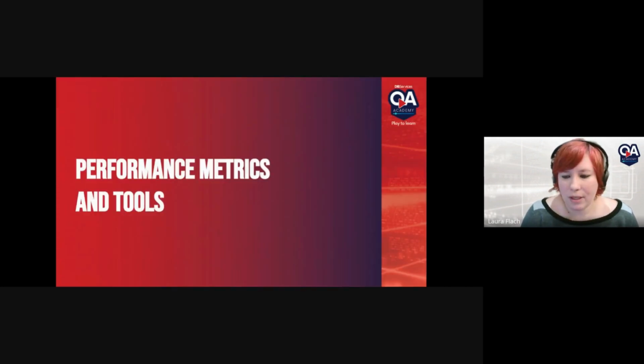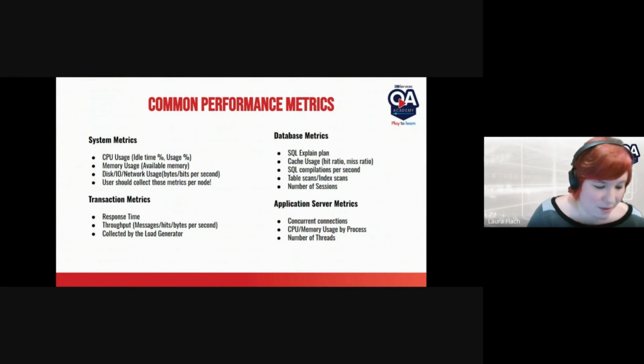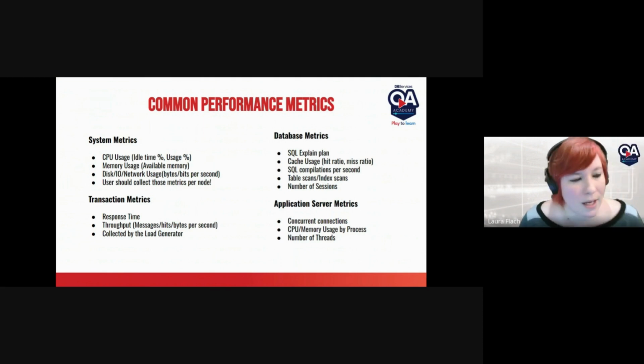So let's talk a bit about performance metrics and tools. We have a lot of different metrics, but those are the most common ones. Remember, we always need to look at the architecture as a whole in performance testing, so we need to take a look at various different parts.